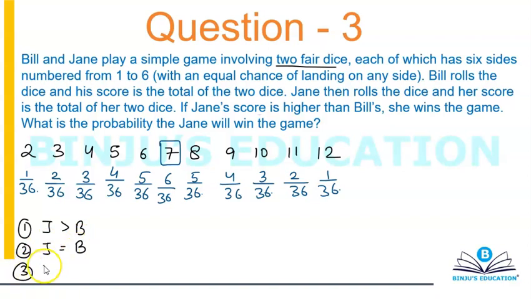And third is Jane's score is lower than Bill's score. In actual, these are the only 3 possibilities. It may happen that the score is a tie. Who says that if Jane is scoring 7, then Bill can't score 7? Bill can definitely score 7.